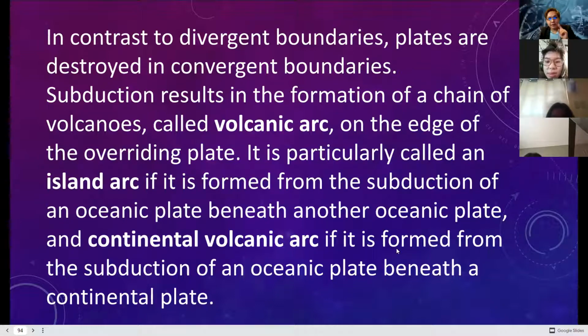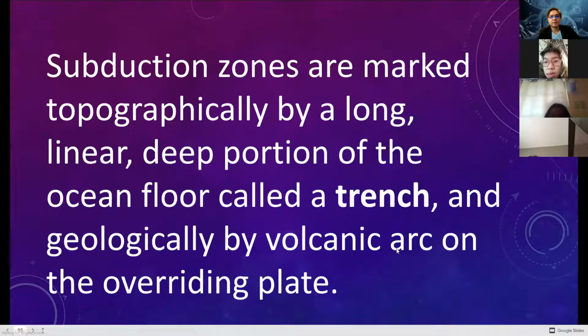And if it is formed from the subduction of an oceanic plate and a continental plate, meaning a body of land and a body of water, it will create a continental volcanic arc, okay? Because it actually contains a body of land, right?